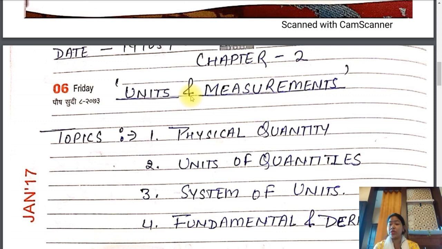The need of measurement is basically as a medium to convey a message, to convey the amount of things from one person to another person.